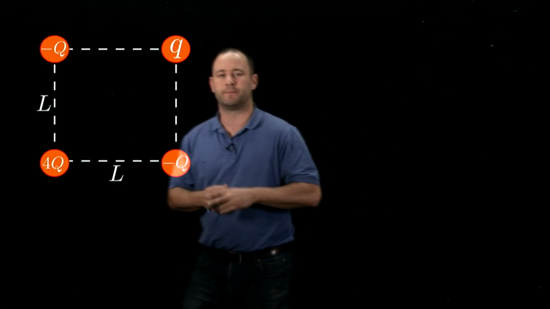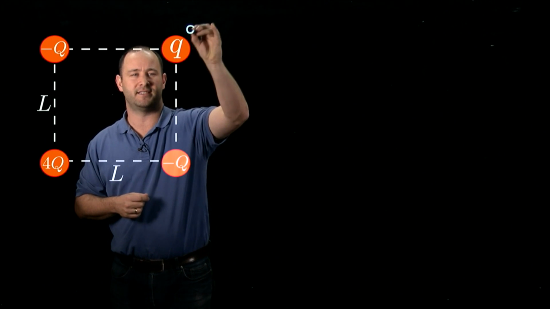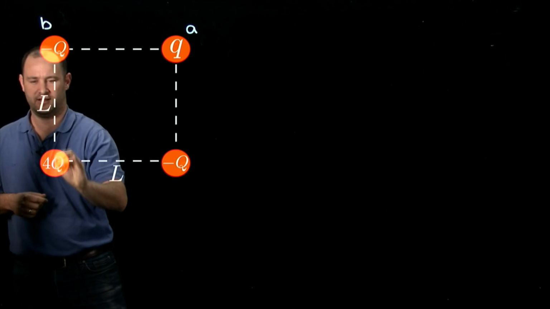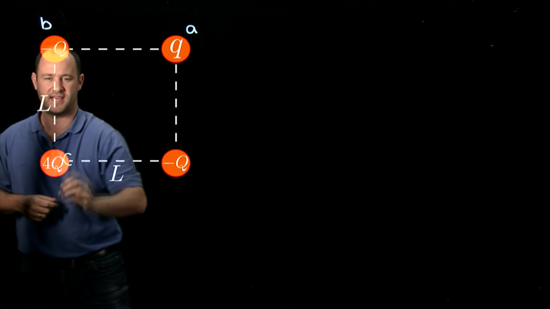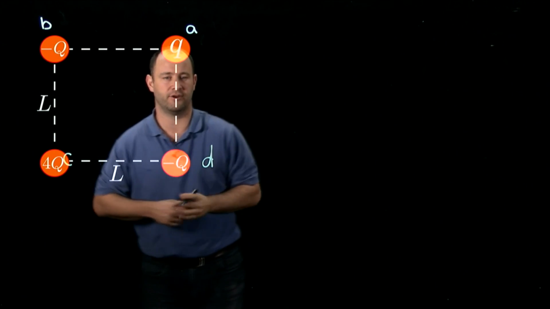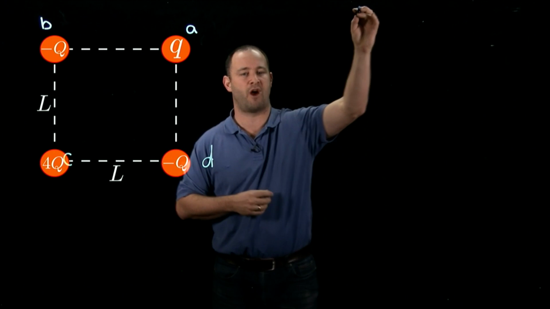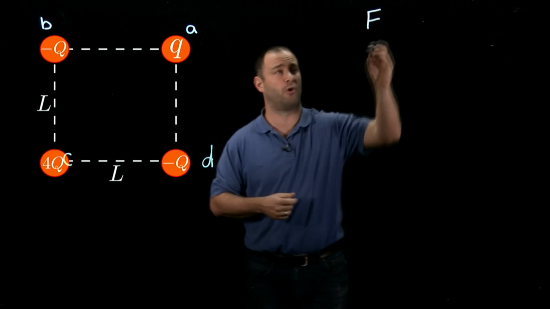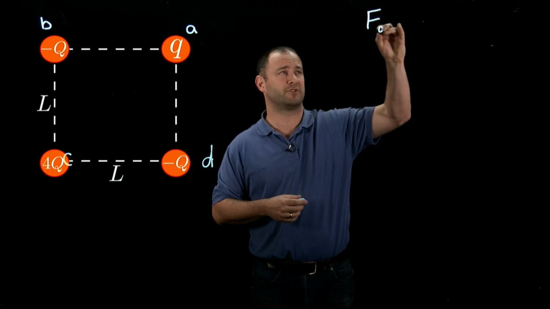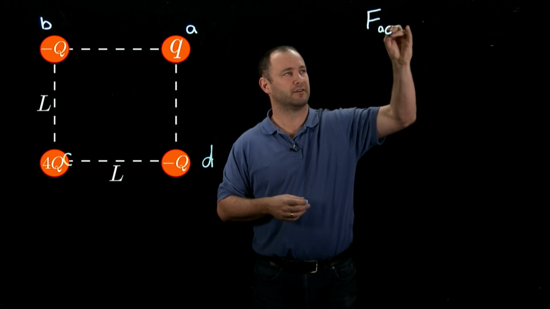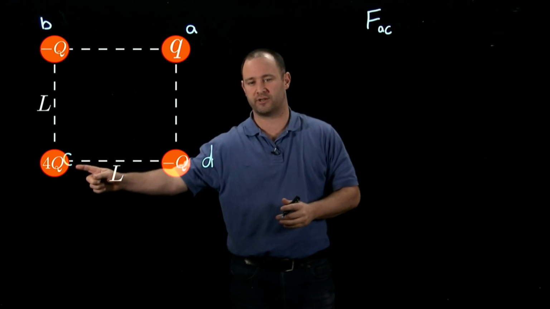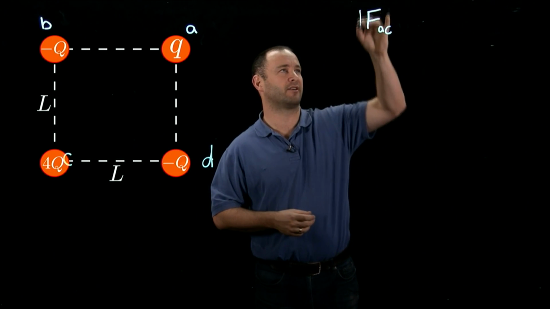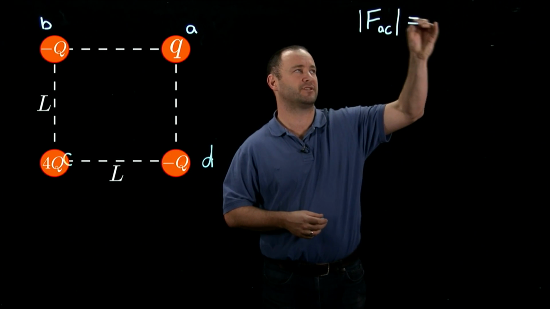Just for a little bit of simplicity, I want to label these. For the sake of argument, I'll label this A, label this charge B, label this charge C, and label this charge D, okay? The reason I want to do this is that now I can write, for example, the first thing we're going to calculate, which is the force on charge A given charge C. Now, we're just going to worry about the magnitudes of these forces.